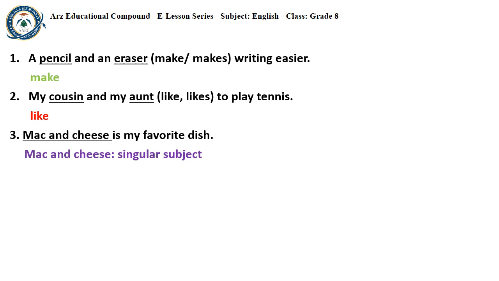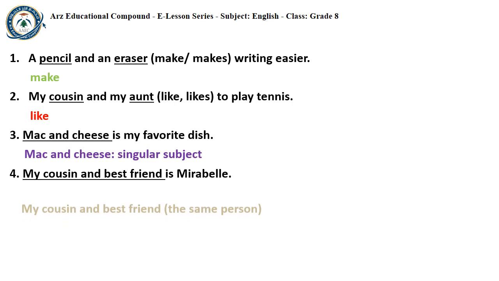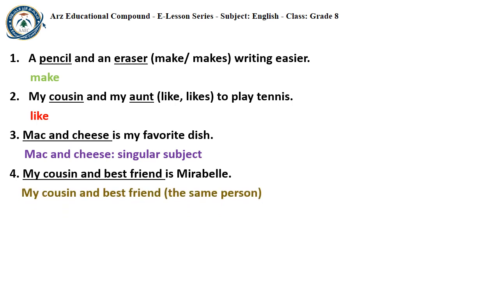Mac and cheese is one dish that includes these two ingredients. In sentence number 4, my cousin and best friend is Mirabelle. In this sentence, the subject is also singular because my cousin is my best friend. Cousin and best friend refer to the same person, Mirabelle.